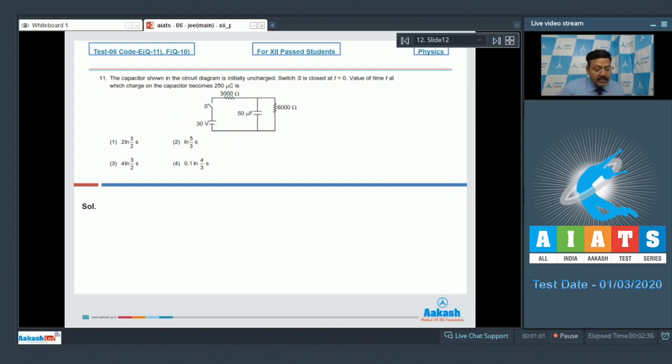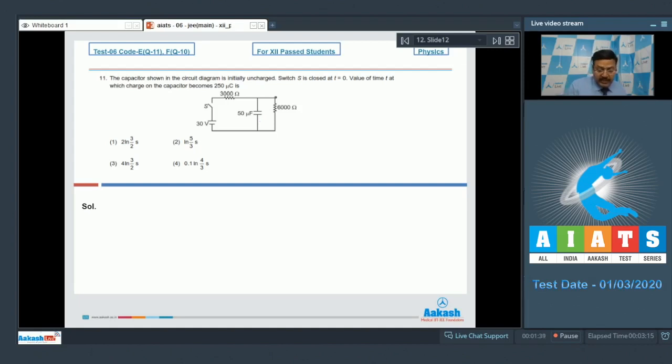Let's look at the expression for the charge on the capacitor as a function of time. First of all, we look at the final potential difference across the capacitor when the circuit achieves a steady state. In that case the current in the capacitor will be 0, which means the 30 volt potential difference is divided between the 3000 ohm resistance and the 6000 ohm resistance.